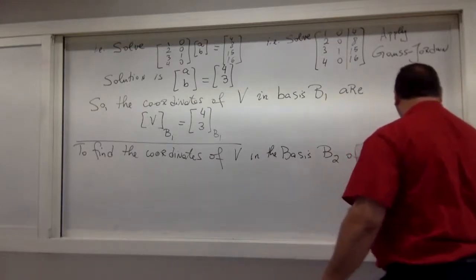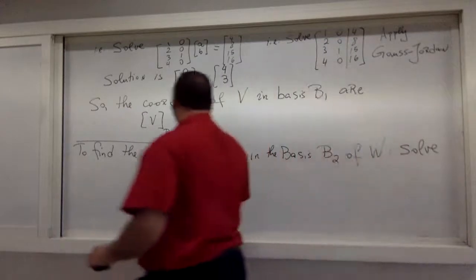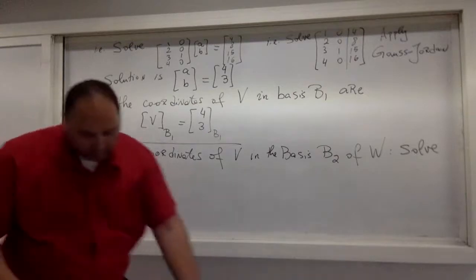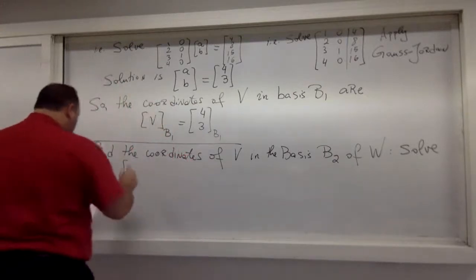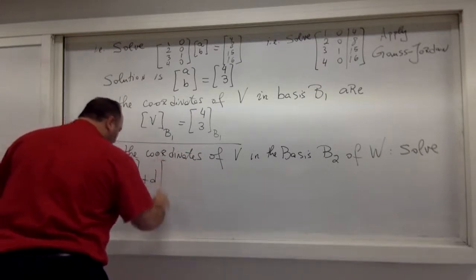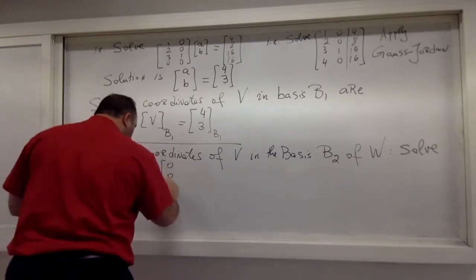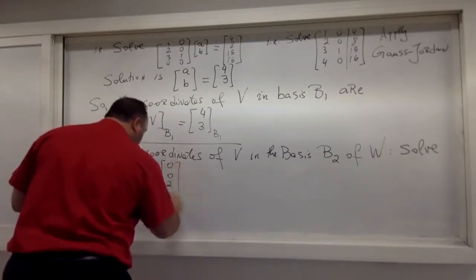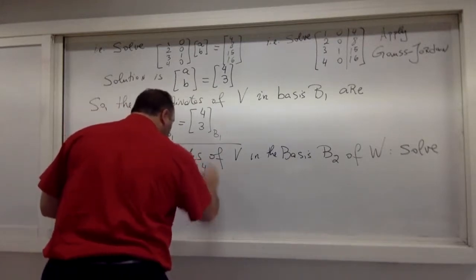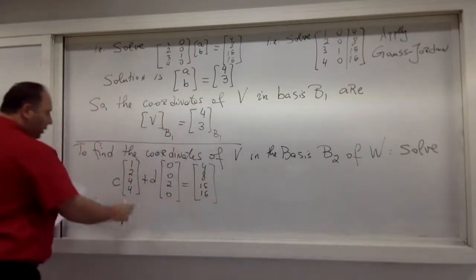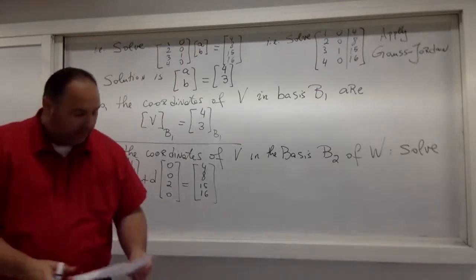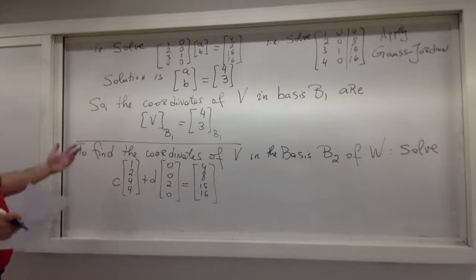All we need to do is solve. So we had A, B, I'm just going to change letters. So it's going to be C, and the first basis vector in B2 was 1, 2, 4, 4, and the other guy I'm going to call D, and the other vector was 0, 0, 2, 0, and my vector was 4, 8, 15, 16. So it's the same guy, and I'm just changing basis vectors, and I'm looking for his coordinates in this new basis. What do we do? Well, not a big deal.